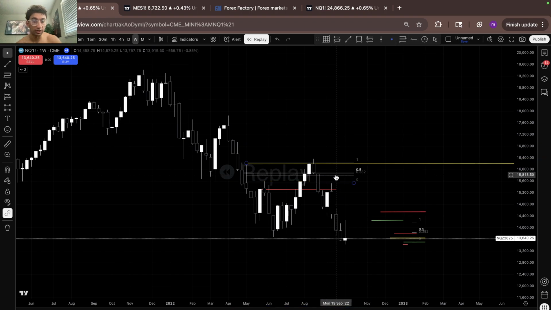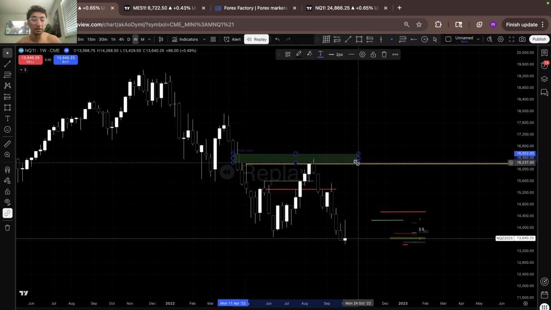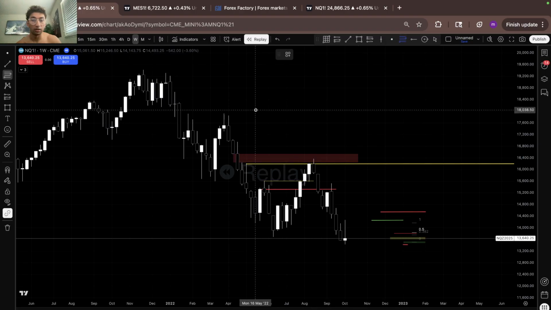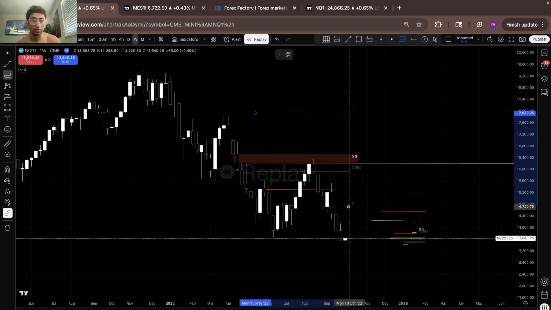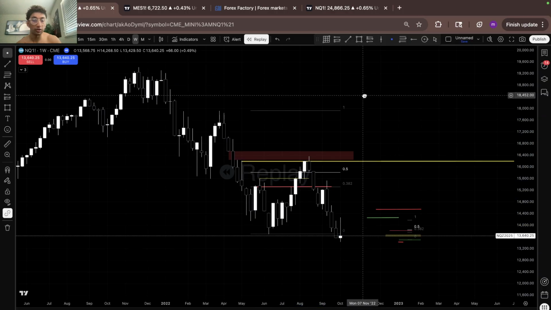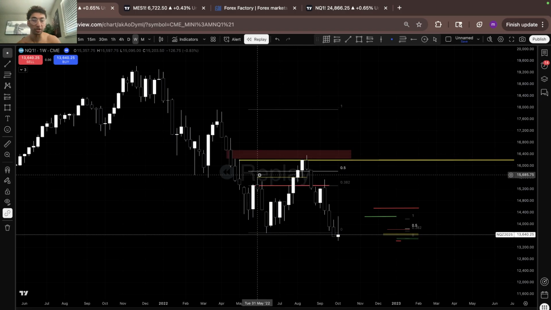But price doesn't respect it. And the reason is because at this monthly high, there's also this bearish PD array, this weekly bearish PD array. And we're in equilibrium. So now you see how the model just puts itself together when you're patient.